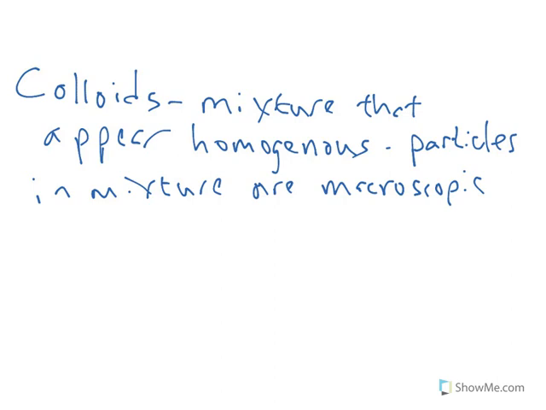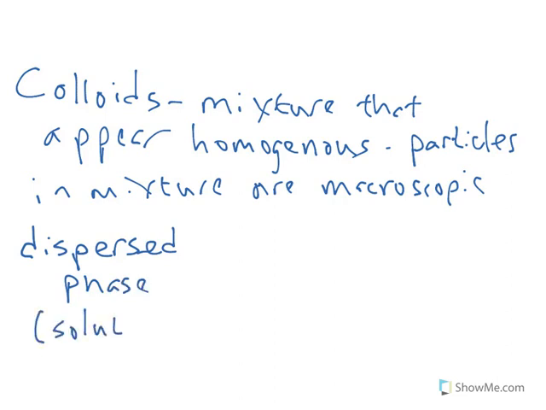The best way to talk about that is splitting them into what we call a dispersed phase, and this is going to be akin to the solute. Now technically it's not a solute, but it's what you would think of as a solute. It'll be the minor component of the mixture.